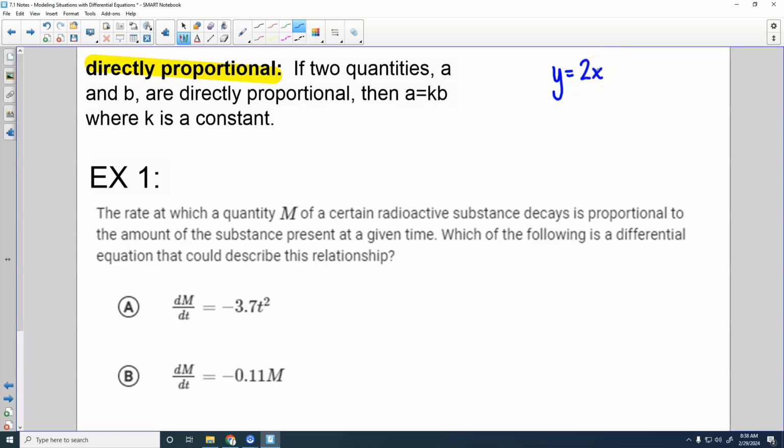A really good example would be how many hours you work and how much your paycheck is if you're an hourly employee. If you have a part-time job, you get paid $12 an hour, and you work 8 hours, you can figure out what you make. So all it means is that one variable equals a constant times the other variable.